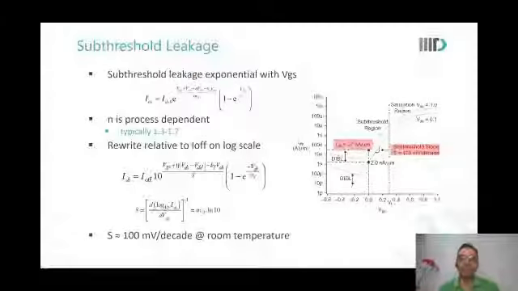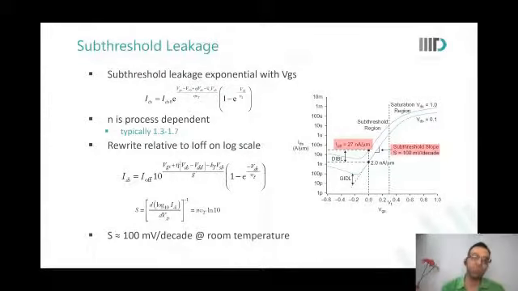We're also saying that it is dependent on temperature by virtue of the component KT by Q. As temperature increases, KT by Q also increases. So this subthreshold current is dependent on temperature.